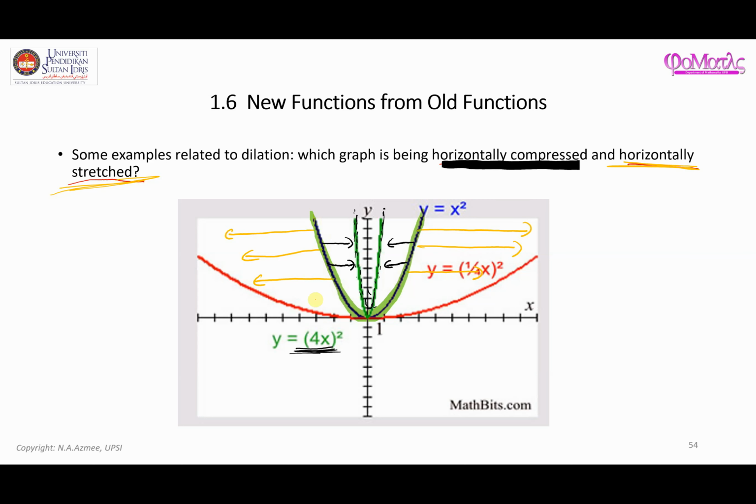And so you will get the new graph that looks like this. So the graph here is horizontally stretched, and it is described by this function. Y is equal to, let me just erase that for you to be able to see clearly. So it is described by this function here, where you introduce 1/4 next to x. So this is horizontally stretched.